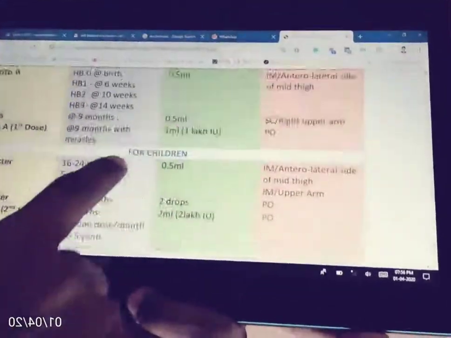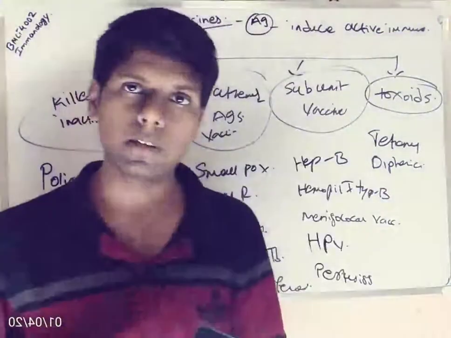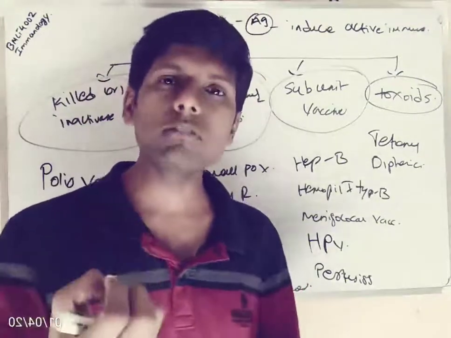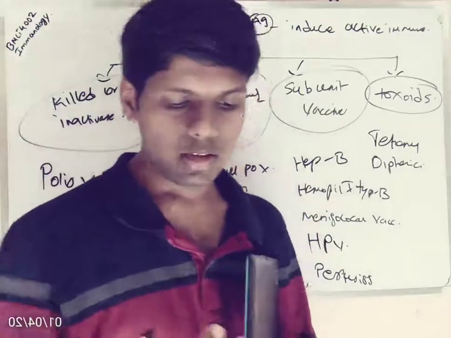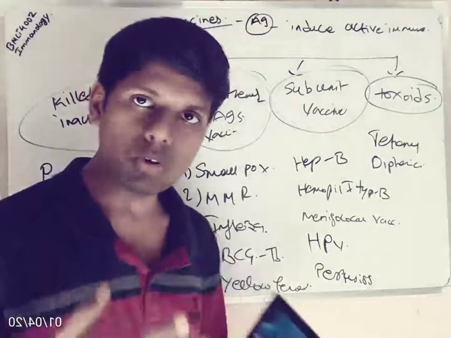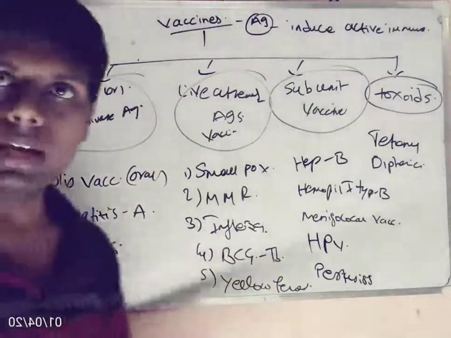You need to memorize this table. Almost 80% of this schedule is generally accepted throughout the world. Only some minor vaccines vary depending upon location, but most of them are used all over the world. Okay, so that is all about vaccines. Just go through it. Okay, thank you, students.